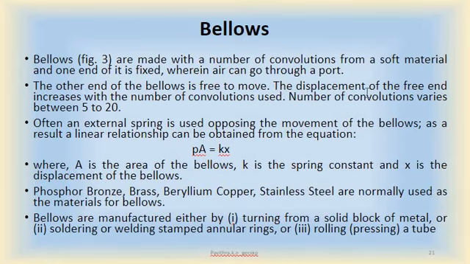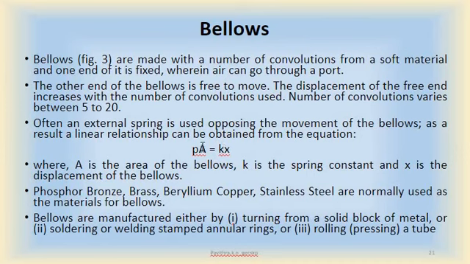The displacement of the free end increases with the number of convolutions used, and the number of convolutions varies between 5 to 20 depending upon the bellow size. Okay, often the external spring that we use for opposing the movement of the bellows will provide a linear relationship to these bellows, which is given by PA = Kx.